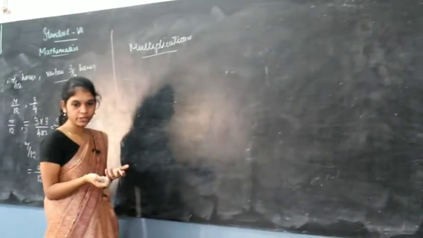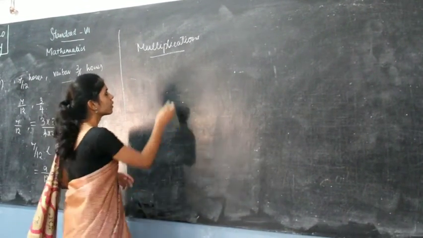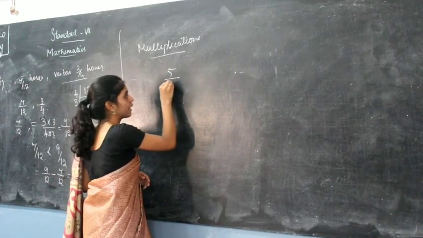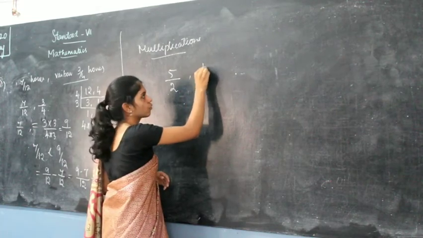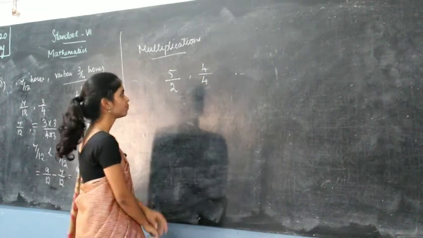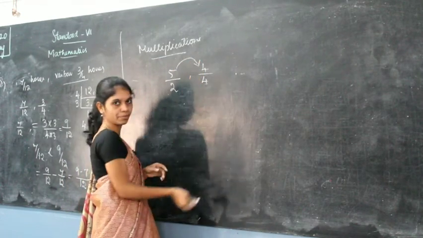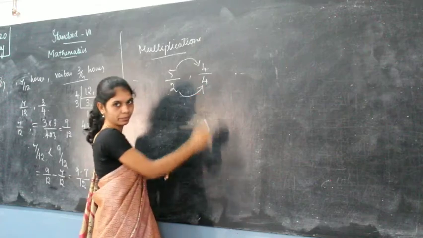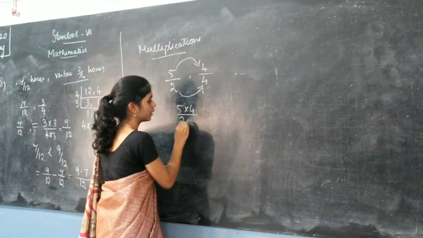If you are going to multiply two fractions, for example, you have 5 by 2 and you have to multiply that with 4 by 4, let's say. What we have to do is multiply the numerator with numerator and denominator with denominator, which means 5 into 4 divided by 2 into 4.